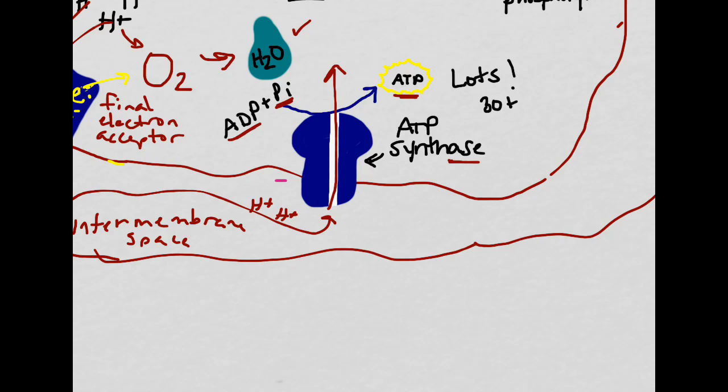Okay? So those hydrogens keep flowing through there, making lots and lots of ATP. So if we were to follow one glucose, which would be 2 pyruvate, it would make at least about 30 or so, 30 plus ATP from this process.